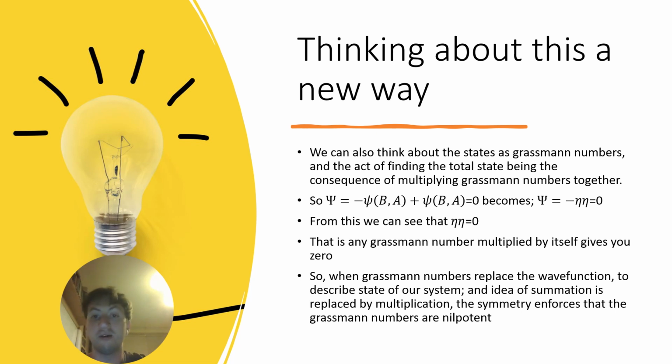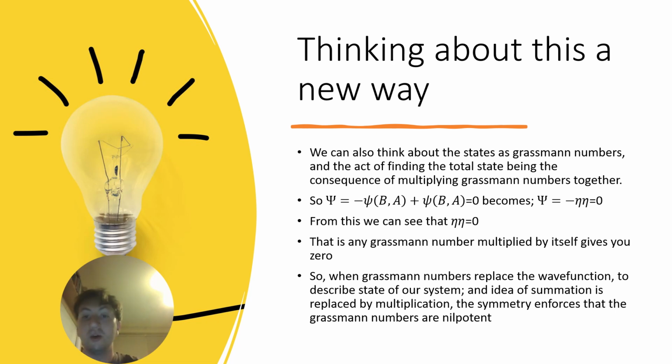When we use Grassmann numbers, we replace the wave function, which describes the state of our system, by a Grassmann number, and we replace the idea of summing to find superposition states with multiplying to find superposition states, and then the symmetry of the wave function enforces the nilpotent property that defines a Grassmann number.